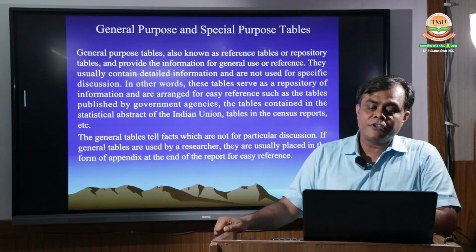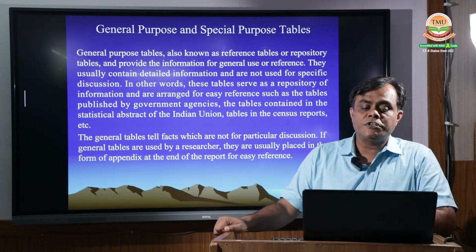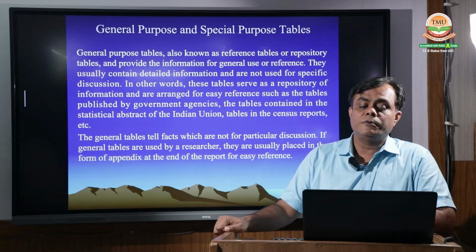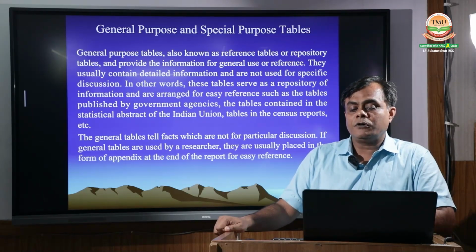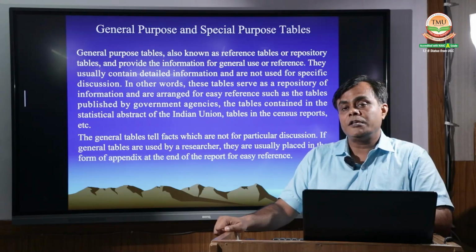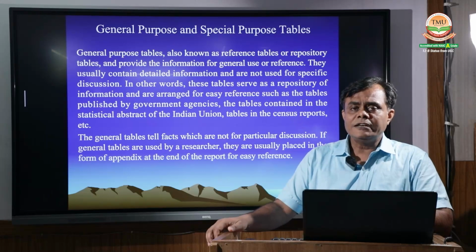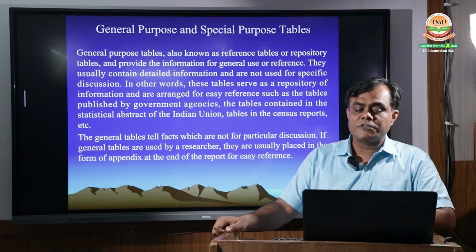A table used for reference or repository purposes is called a general purpose table. It provides information on a generic basis, not on a very specific basis. That's why it is called a general purpose table.